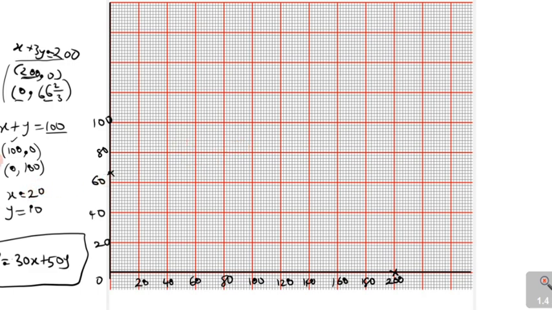Then the next thing I have to do is to draw a straight line through that. So I'll draw a straight line through this point from here down to this point.